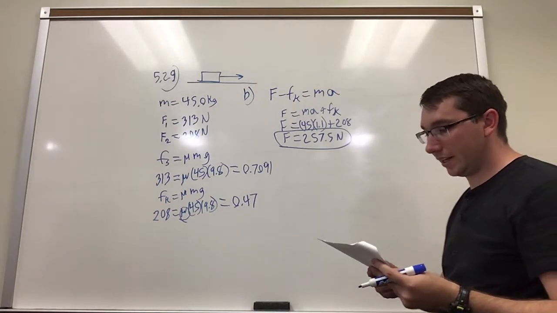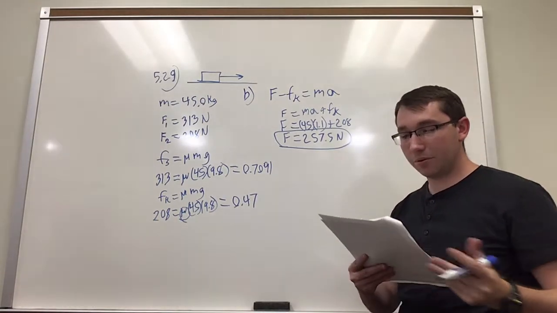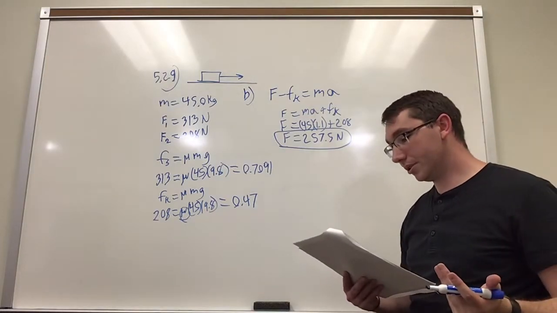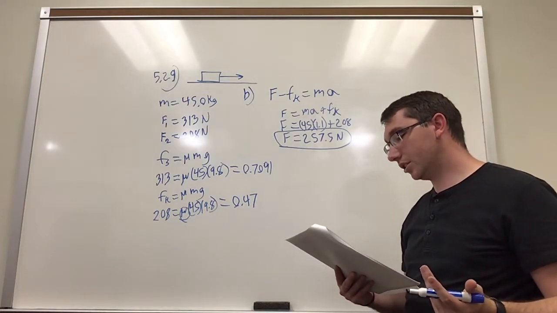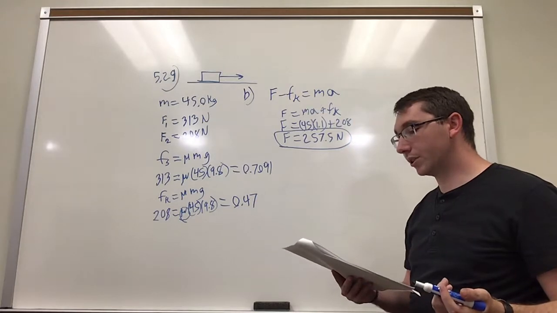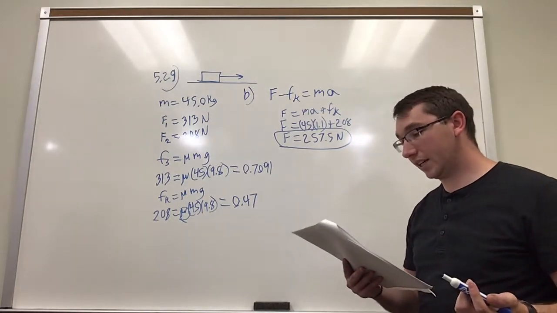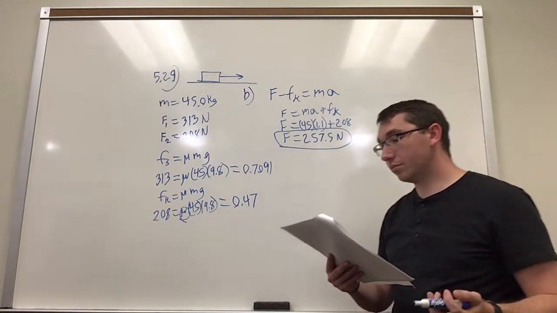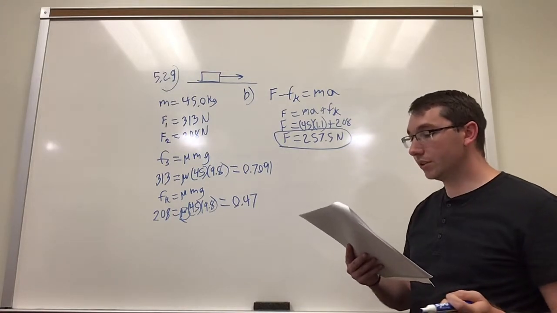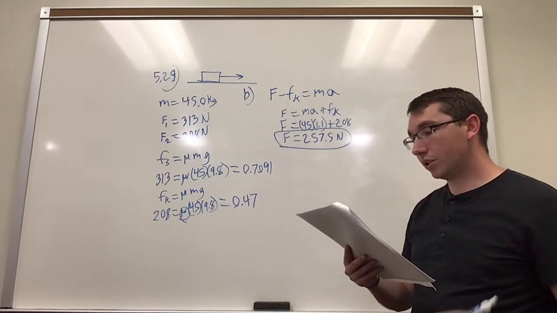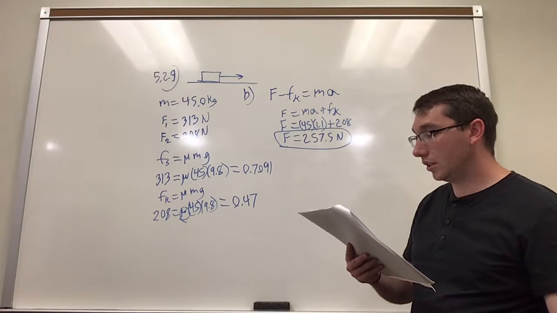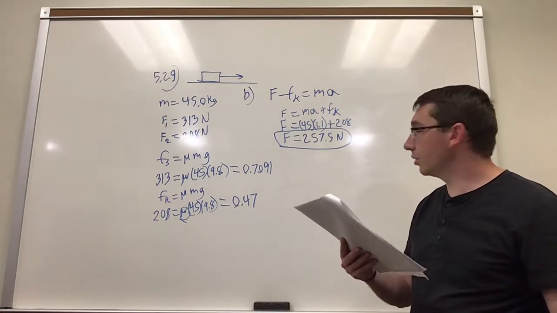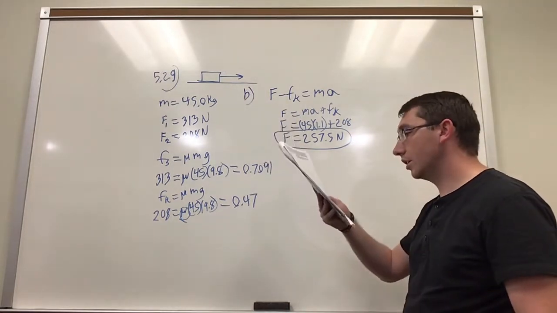Part C then asks, suppose you were performing the same experiment on the moon, where the acceleration due to gravity is 1.26 meters per second squared. What magnitude push would cause it to move? And what would its acceleration be if you maintain the push from this part?